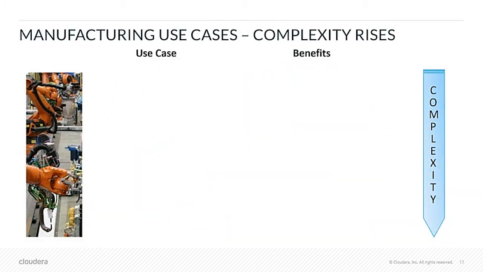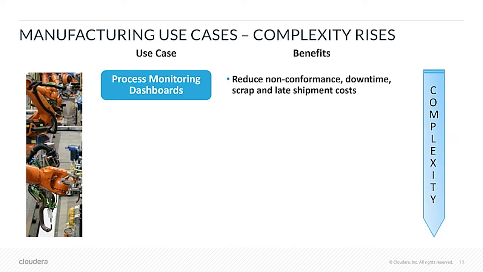All right, so what are the key use cases that we're seeing within manufacturers? Now, the key thing is, you're going to see many of these use cases aren't even particularly advanced. You don't have to jump in and do machine learning for yield optimization or equipment. There's plenty of things that you can do prior to getting to that point, and we'll talk about it. The use cases that I'm going to present, in order going from simpler to more complex, are, first of all, process monitoring dashboards.